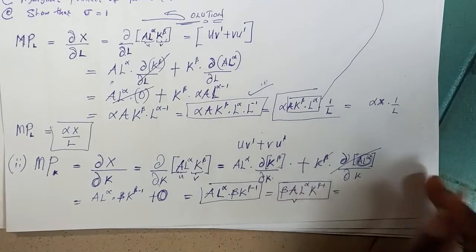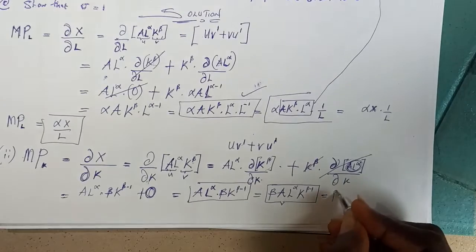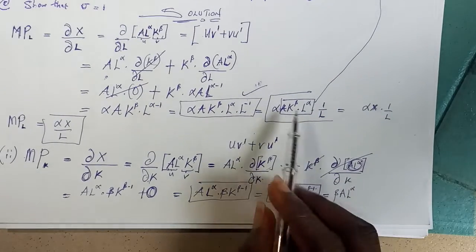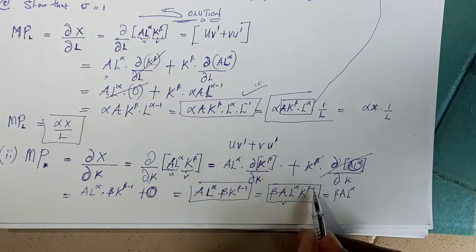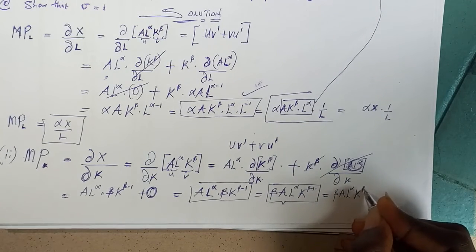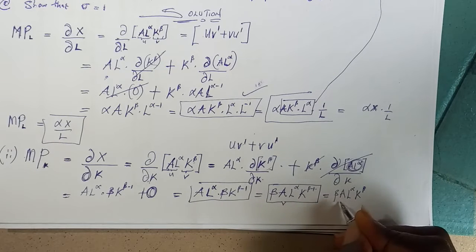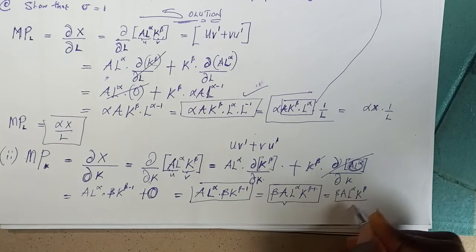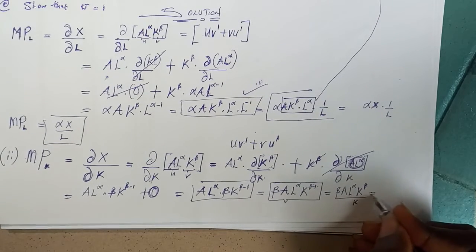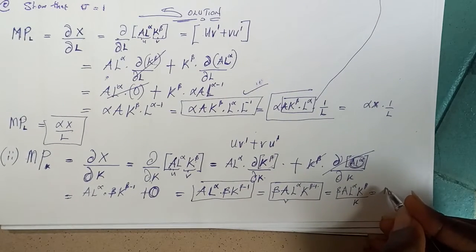Or we can decide to write this as beta A L raised to the power of alpha, times K raised to the power of beta minus 1. Similarly with what we have here, we can split it up as K raised to the power of beta divided by K. If this divides, I have K^(beta minus 1). So I'll end up having beta.